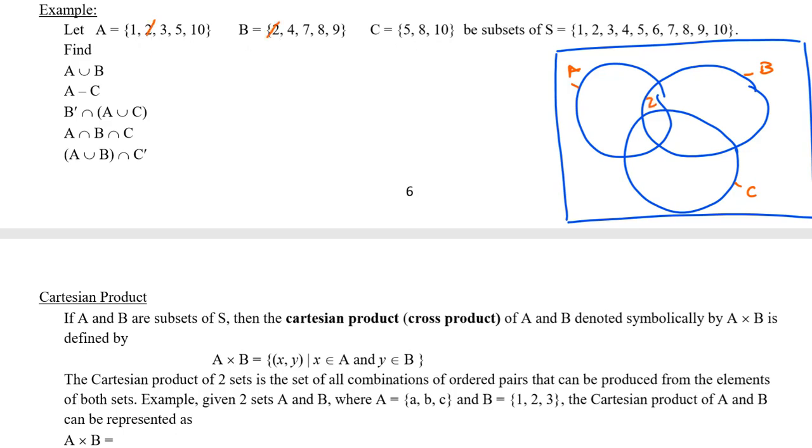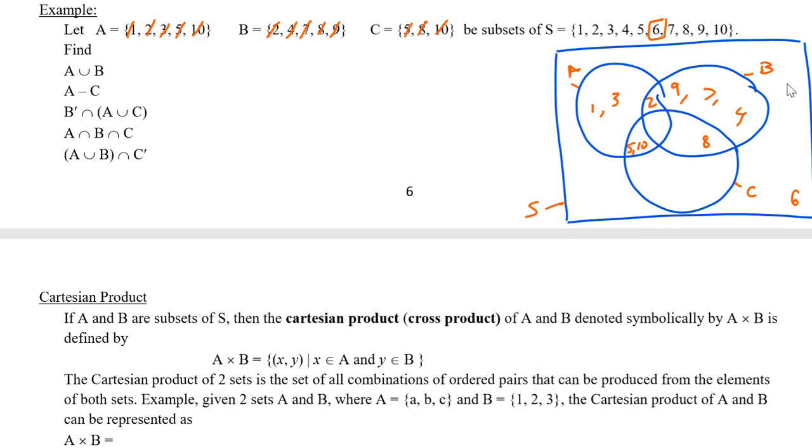What's common between B and C is 8, and what's common between A and C is 5 and 10. A has 1 and 3, B has 4 and 7 and 9. This number 6 is not in any of A, B, or C, so it must be out here, and this is the set S.